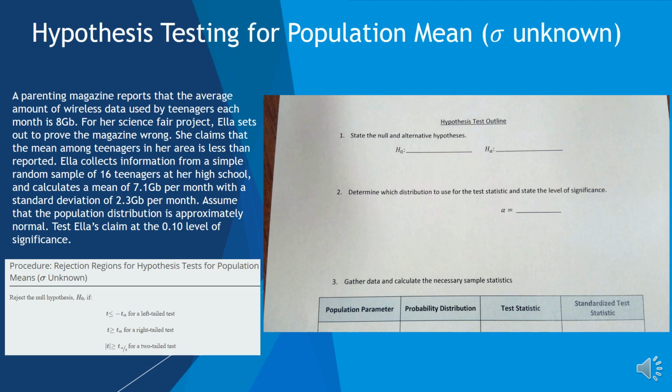So that's equal to x bar, 7.1, minus 8, over, again we're using 8 here because that's the population mean the parenting magazine reported. s was our sample standard deviation, 2.3, divided by the square root of the sample size, which was 16. Now let's plug that into the calculator.